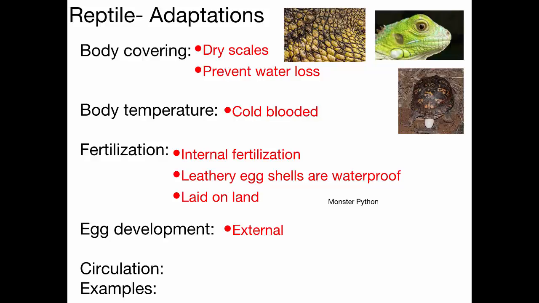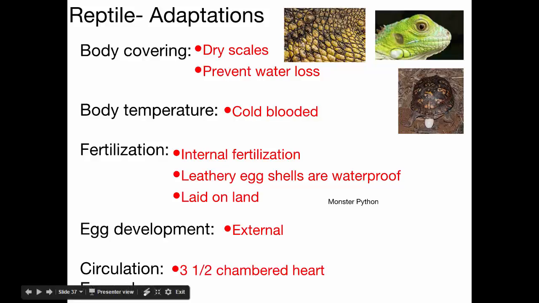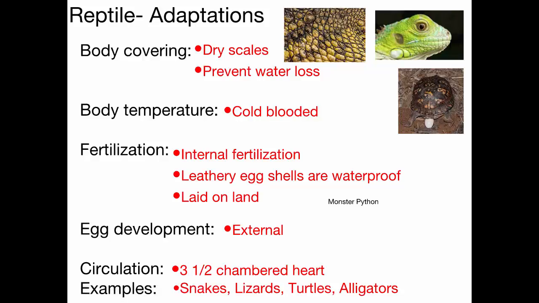Reptiles have what we call a 3.5 chambered heart. Okay, and that may sound weird, but this is what it looks like. So you have two atria on top still, where blood enters, and then the ventricle.